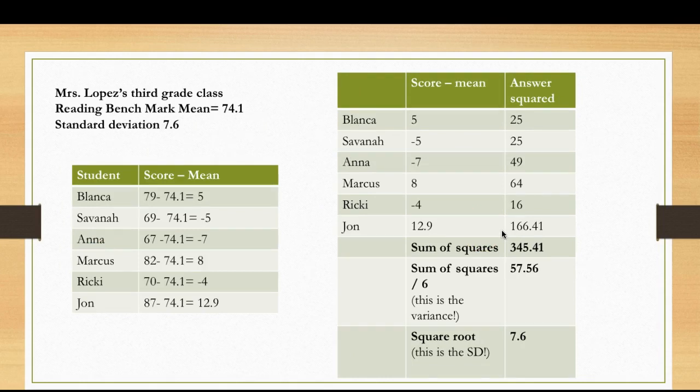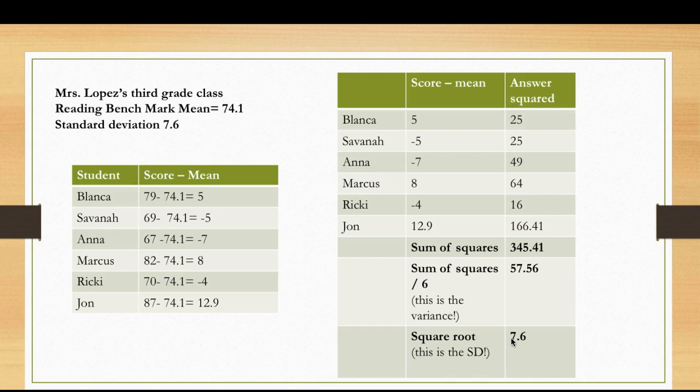So I then went ahead and computed the standard deviation using the same procedure for Mrs. Lopez's third grade class. And what you can see is that the standard deviation of her test scores was 7.6. So what does this tell us? It tells us that the majority of tests are within 7.6 points of the mean.